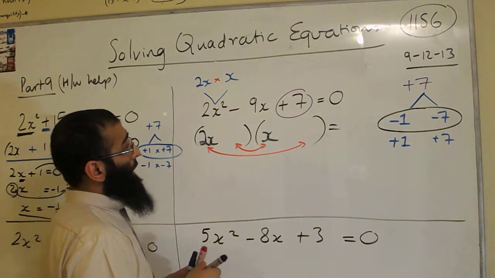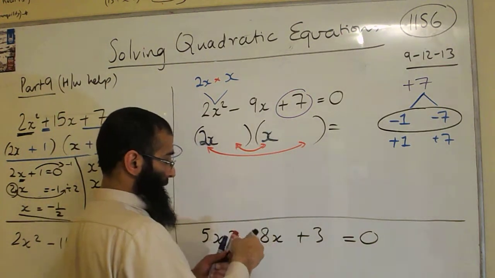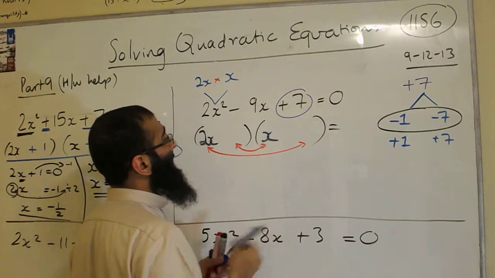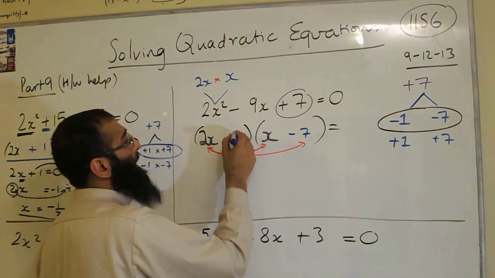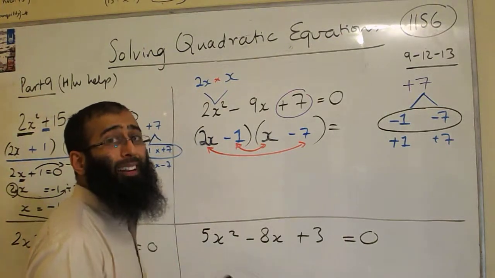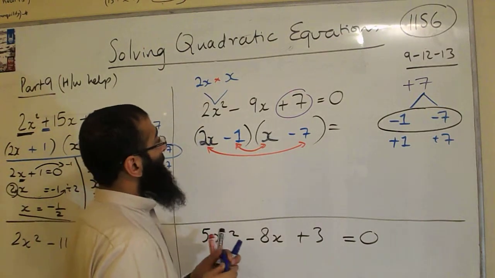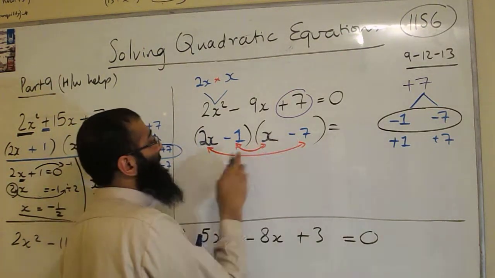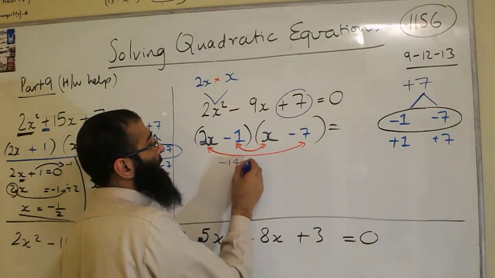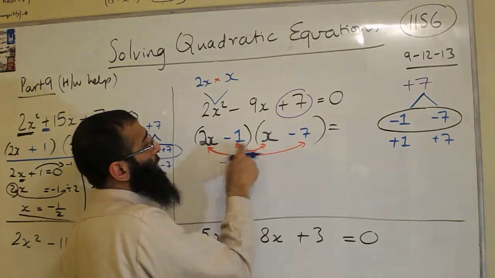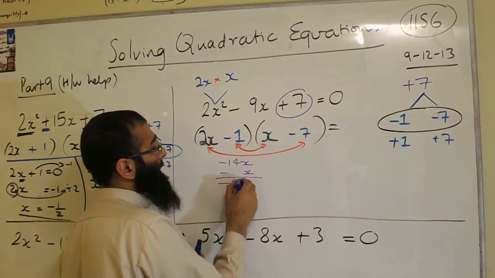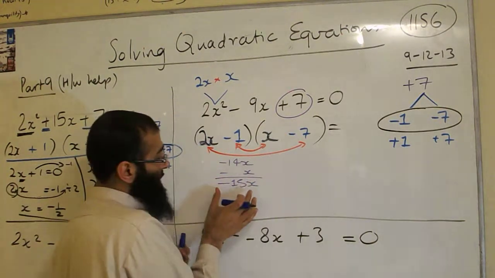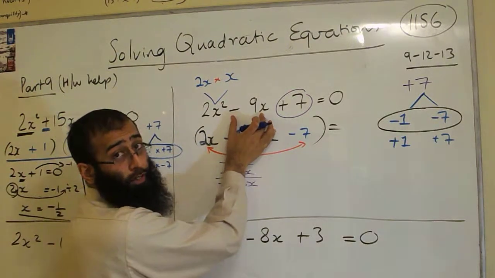If I was to put, for example, the minus 7 here as my first choice, and that's minus 1, let's see what happens when we multiply them out. 2x times minus 7 will give us minus 14x. Minus 1 times x will give us minus x, and that gives a total of minus 15x, which is too big and incorrect.